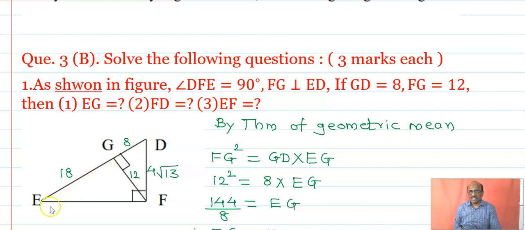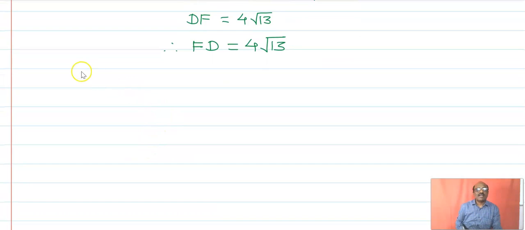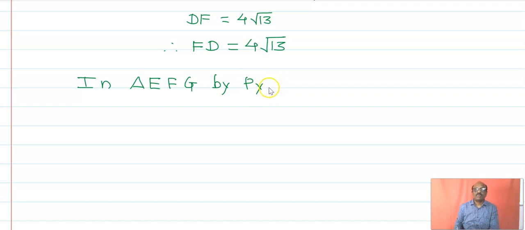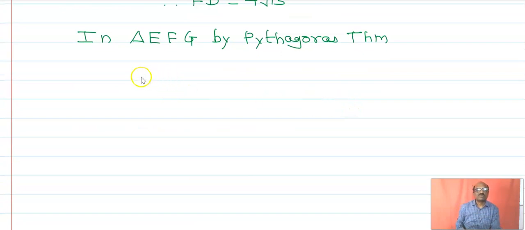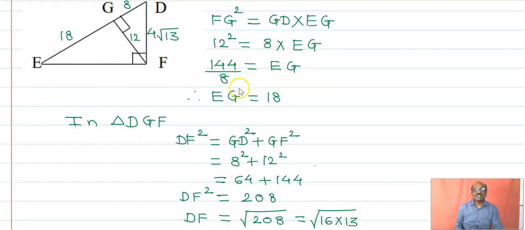त्यासाठी आपण ट्रायंगल कुठला EFG कन्सिडर करणार. In triangle EFG, by Pythagoras theorem, EF square is equal to EG square plus FG square.